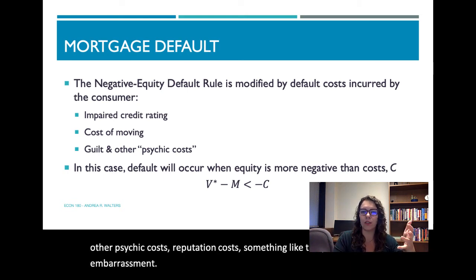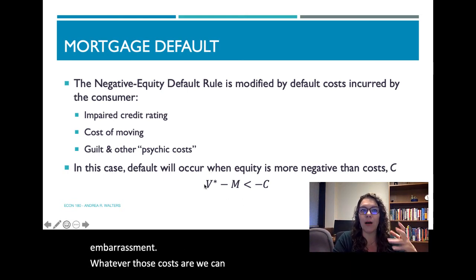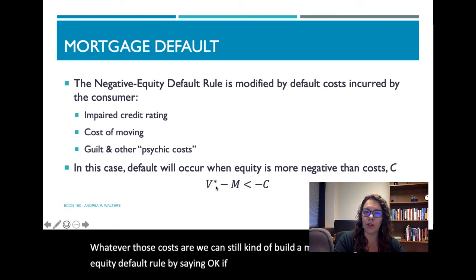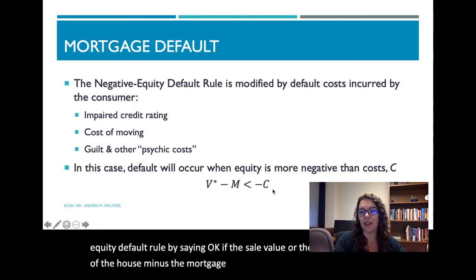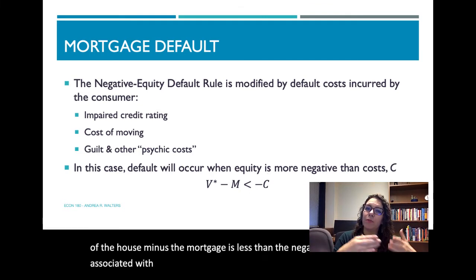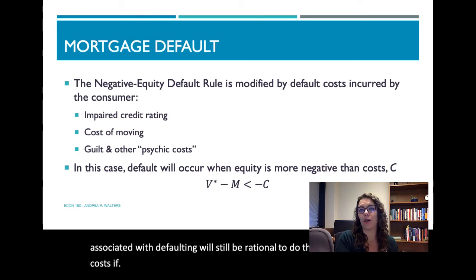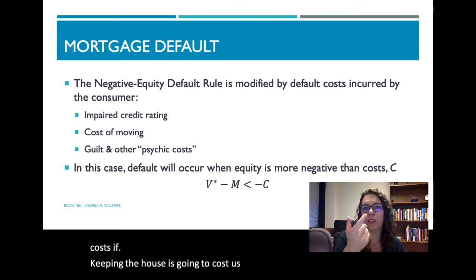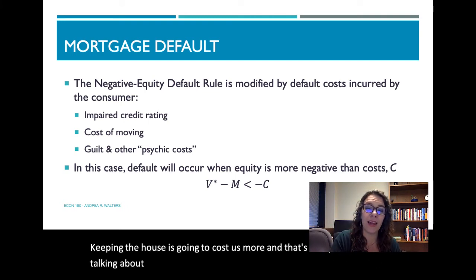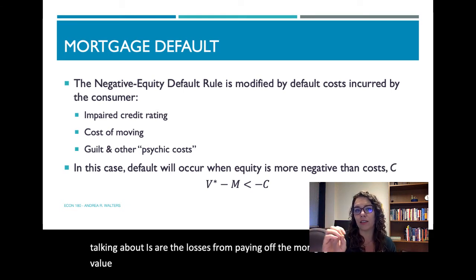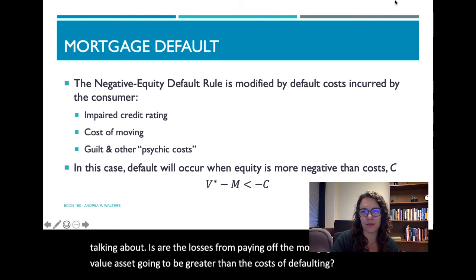Whatever those costs are, we can still build a modified negative equity default rule: if the future sale value of the house minus the mortgage is less than the negative of the costs associated with defaulting, it will still be rational to incur those costs if keeping the house is going to cost us more. Really, the question is whether the losses from paying off the mortgage for this low value asset are going to be greater than the costs of defaulting. Does that make sense?